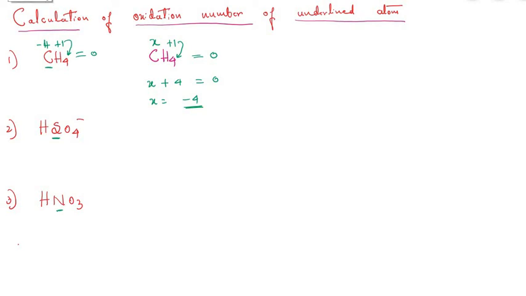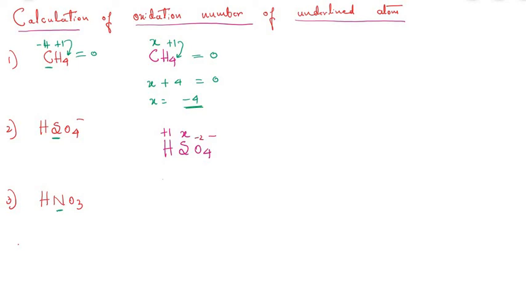Right? So let me take now the second example, that is HSO4 minus, the bisulfate anion. So I'll write here HSO4 with a negative charge. I have to calculate for sulfur, so I'll write X. Hydrogen will be +1 and oxygen will be -2.